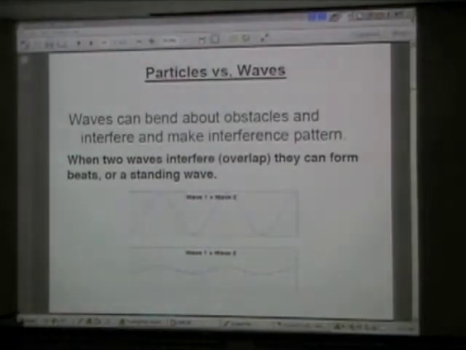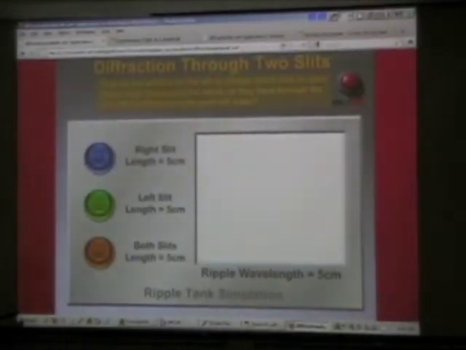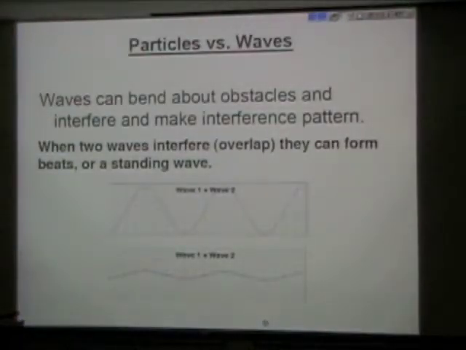that if you add several waves together, we might have some strange things happening. One of those things is standing waves. Remember a standing wave?